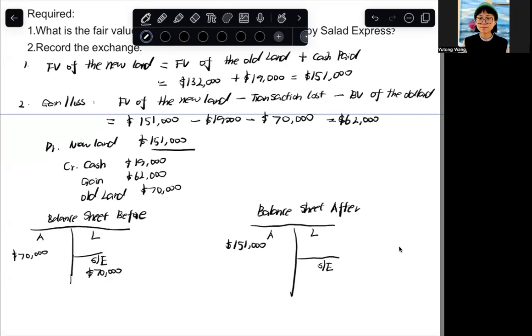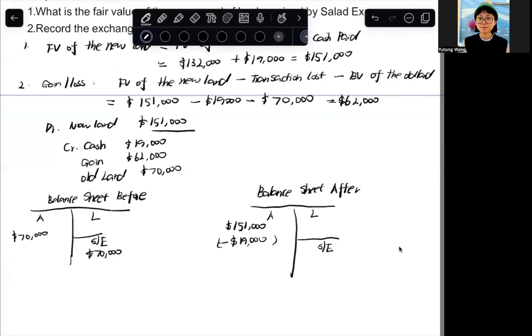And the decrease of cash. So minus that amount. For liability will not change. Shareholders' equity. So previously it has that much, 70,000. But now it's a gain. So gain need to increase retained earnings, need to increase shareholders' equity.